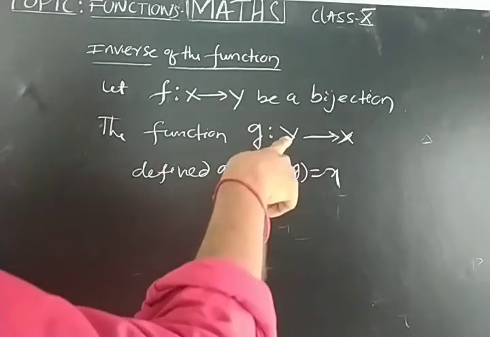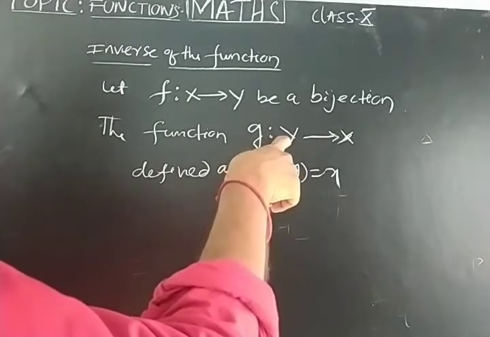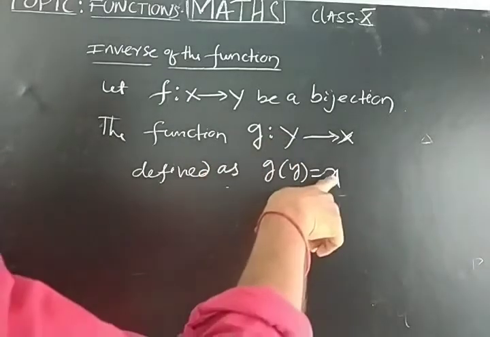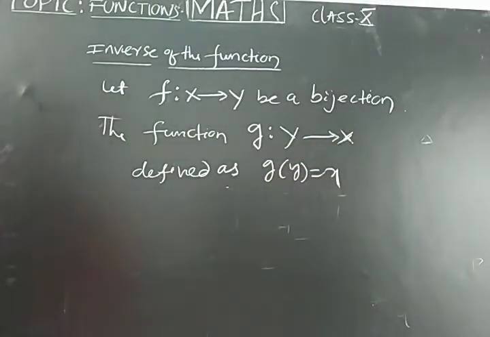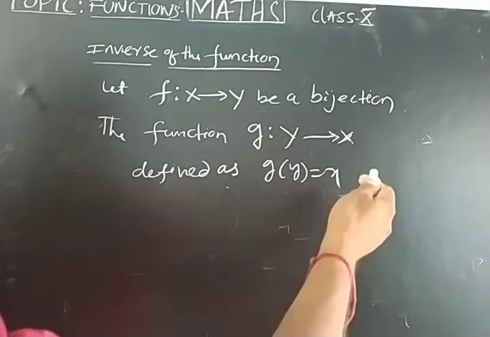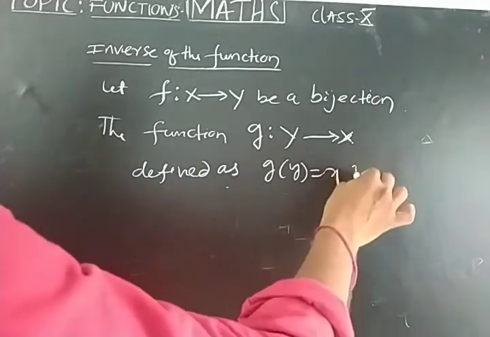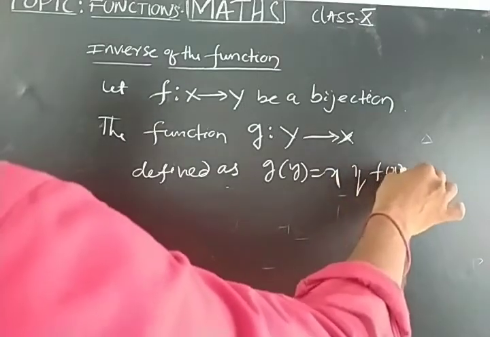If you find the image of a codomain element with respect to g, you will get the image in the domain, that is small x, if f of x is equal to y.